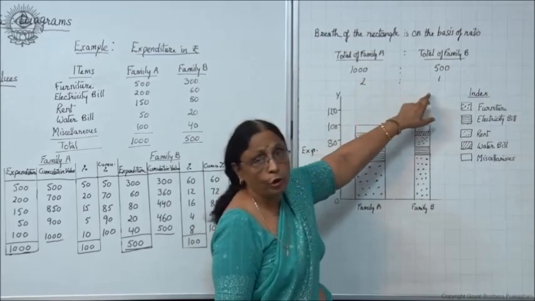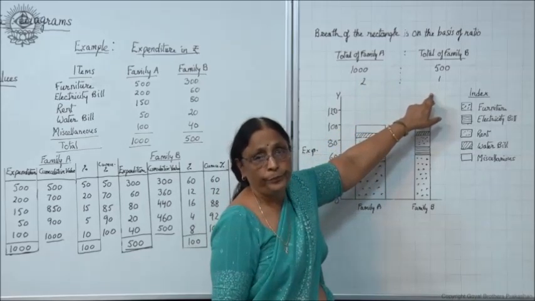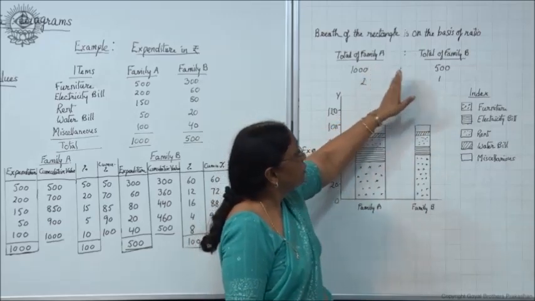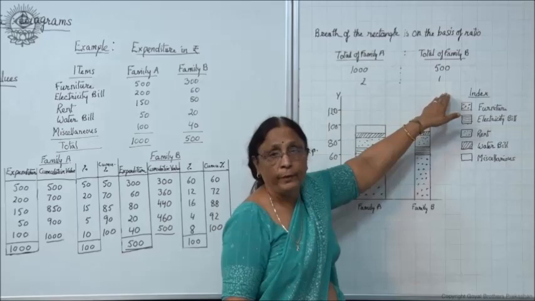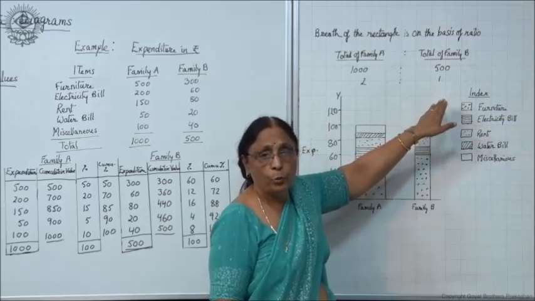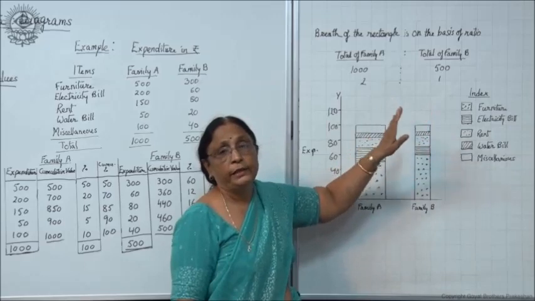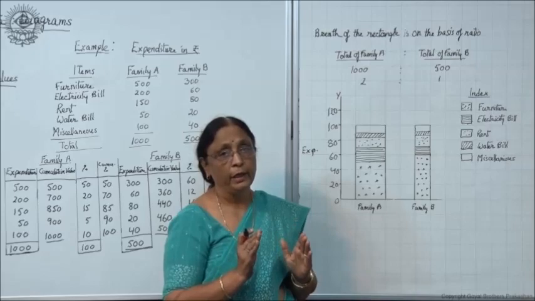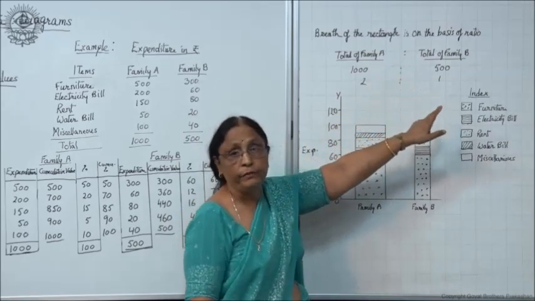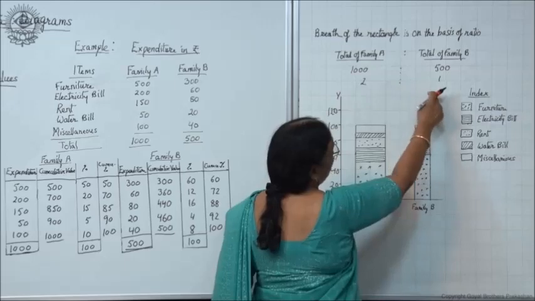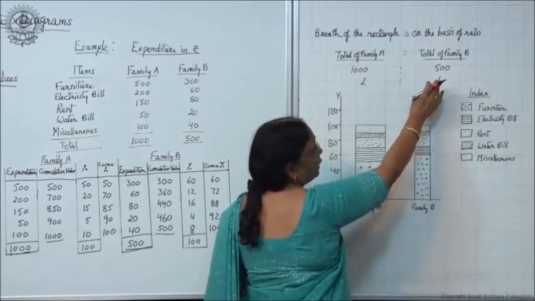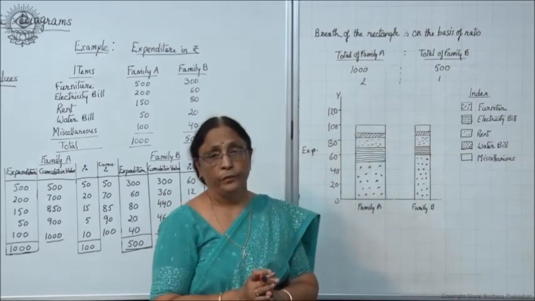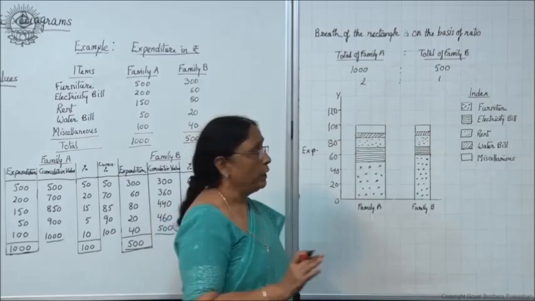So this is in the ratio of 2:1, right? This means that the expenditure of family A is just double of expenditure of family B. This indicates that the breadth of the bar showing the expenditure of family A will be double and family B will be half. That means whatever breadth we are taking for family B, this breadth will be just double to it, right? Because it is the ratio of 2:1.